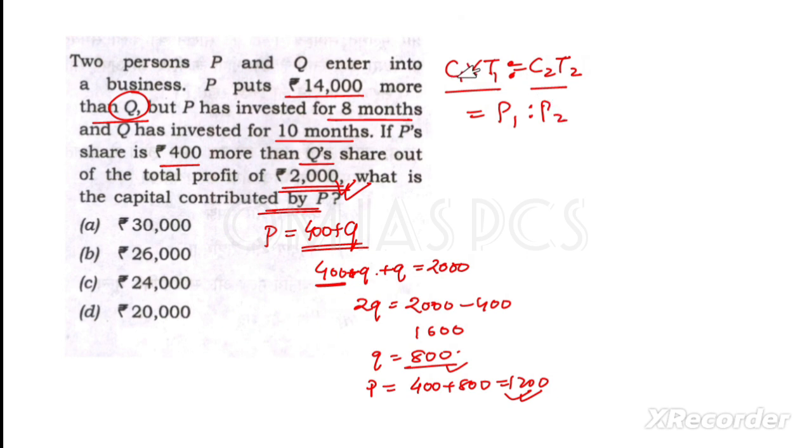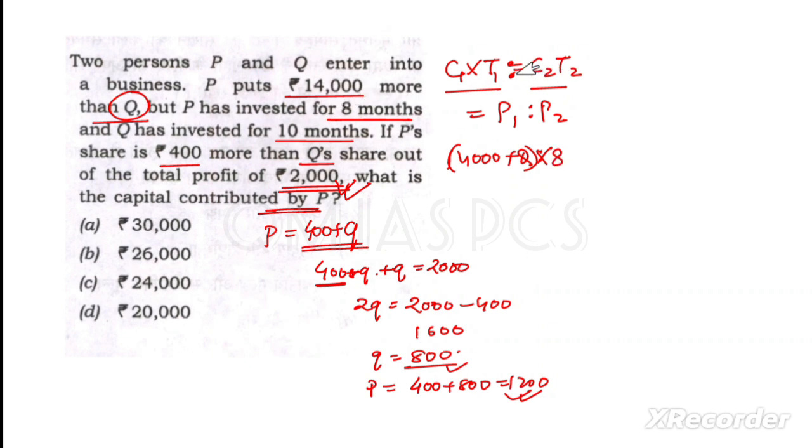C1 is contribution, T1 is time. So for P, considering capital Q, C1 is equal to 14,000 plus capital Q, multiplied by 8.